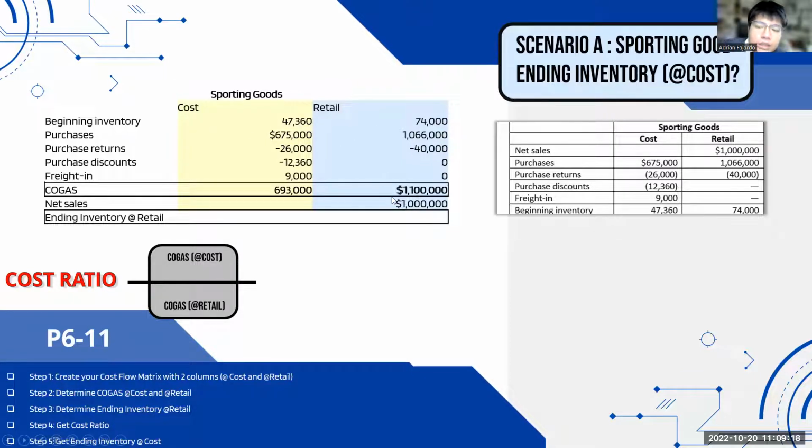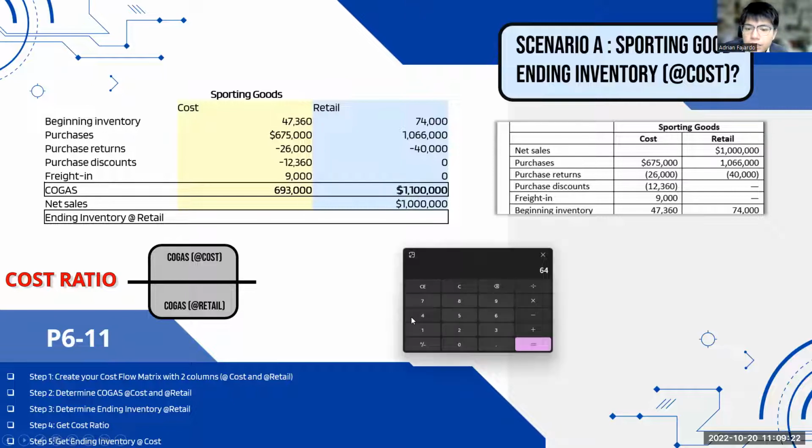Since cost of goods sold at retail, COGAS minus cost of goods sold, step 2 is we determine the ending inventory. Step 3, we determine the ending inventory at retail, right? So 1,100 minus 1,000 is 100.